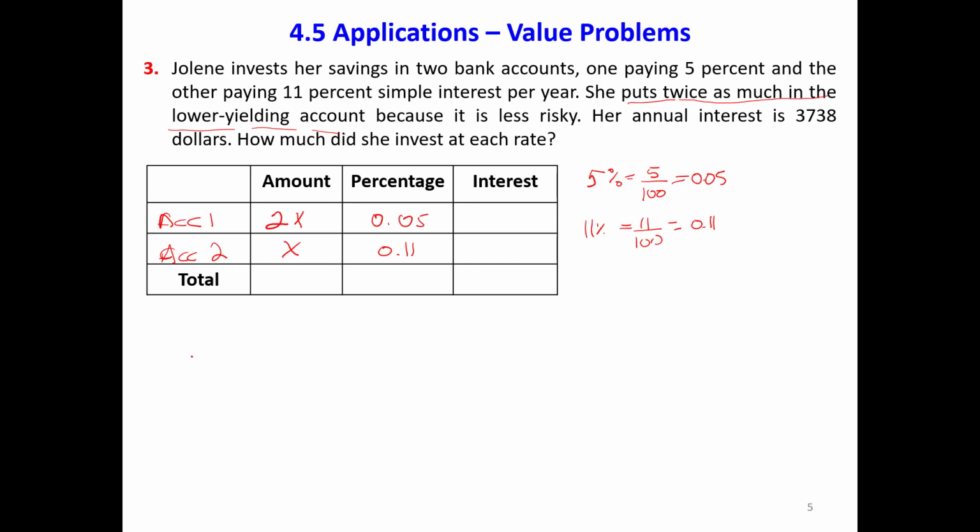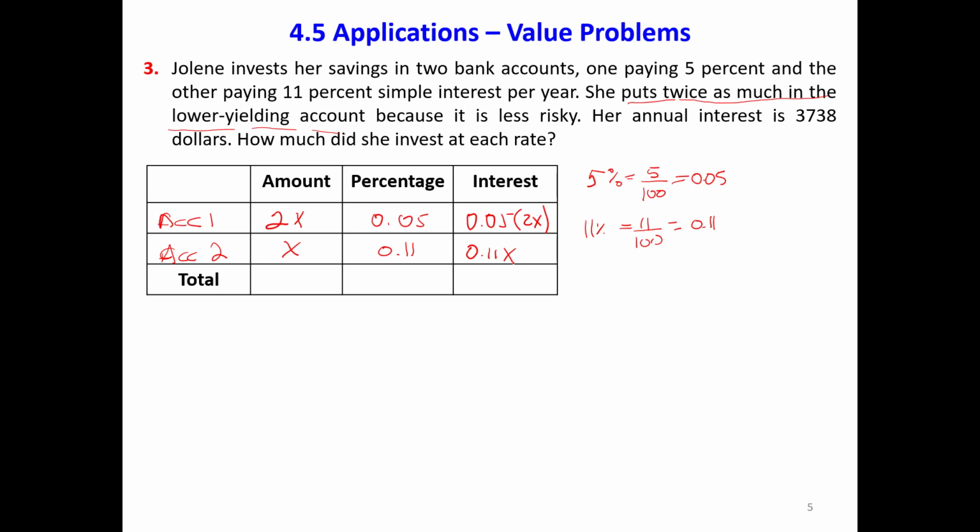And now we know, to get the interest, how much interest she got in each account, we just multiply the amount times 0.05. Then 2x multiplied by 0.05. Let's write here 0.05 times 2x. And the other one will be 0.11x.